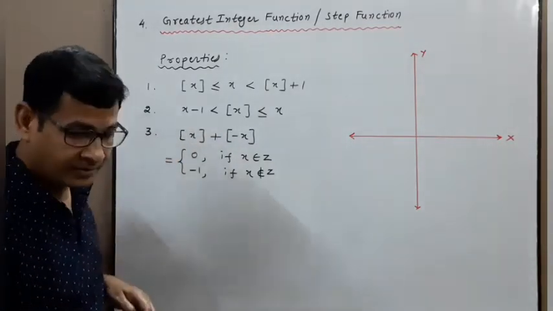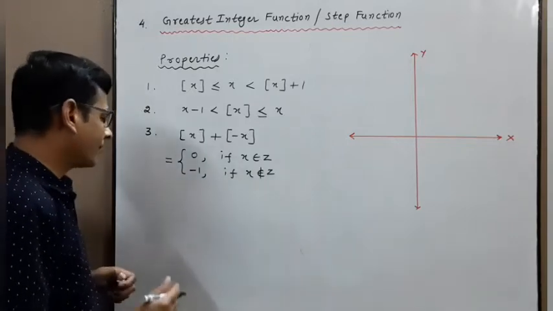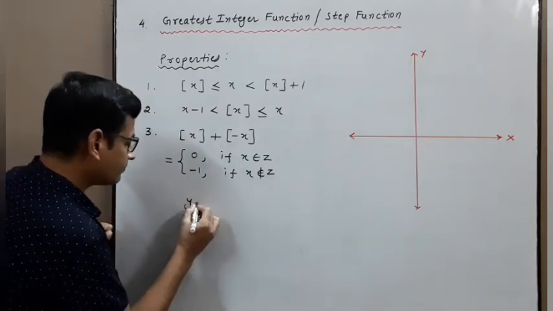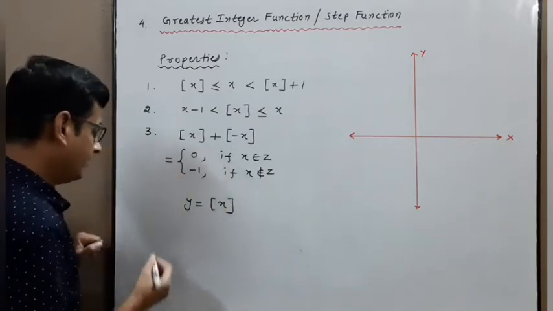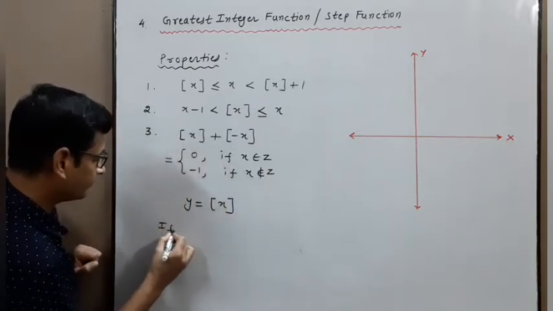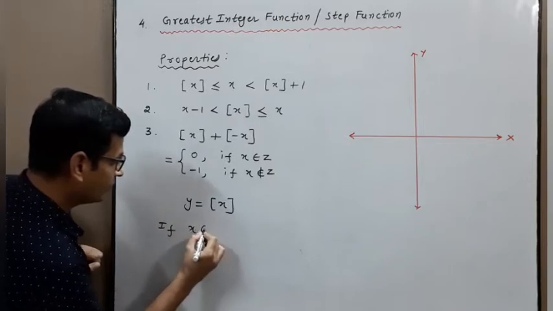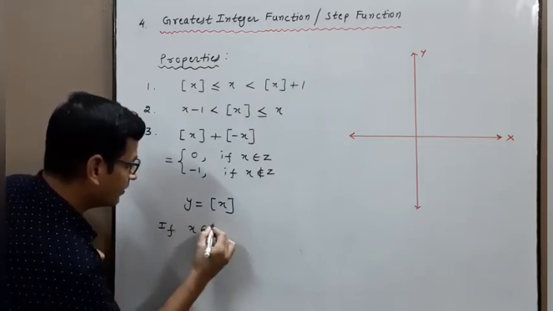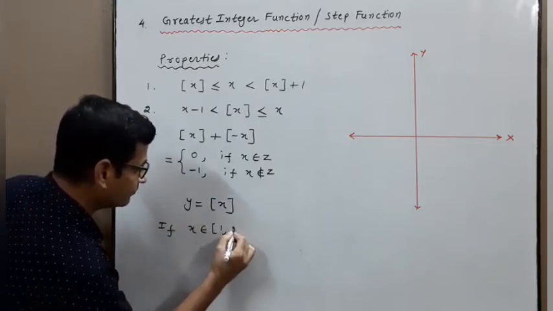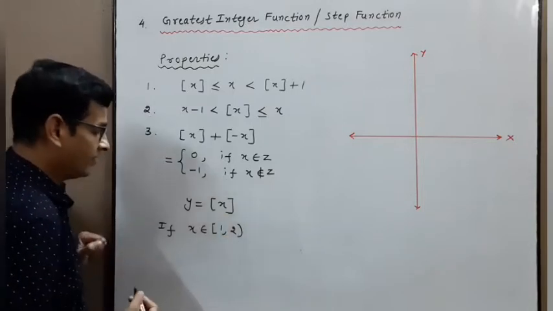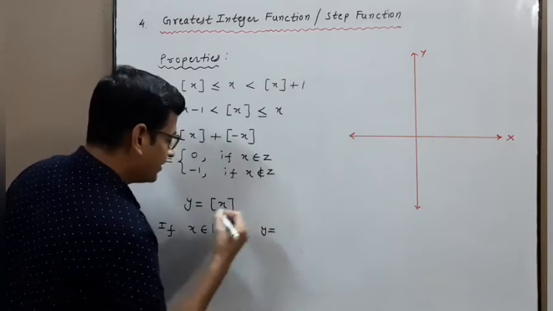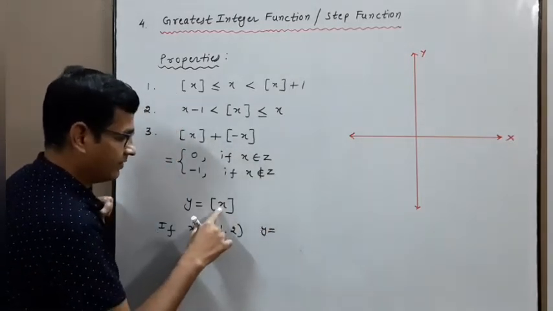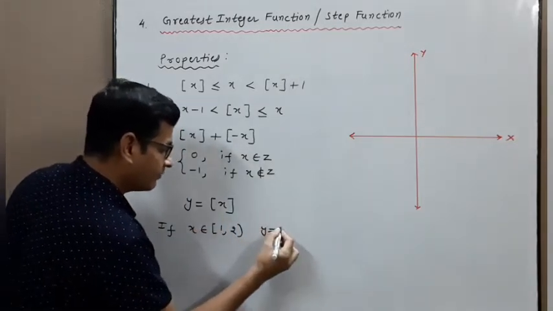Now the graph of the greatest integer function. y equal to this. If x belongs to 1 to 2, then the corresponding value of y: if we put 1, we get y is 1.